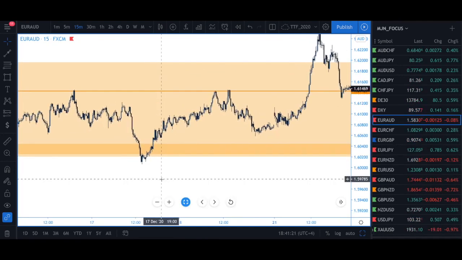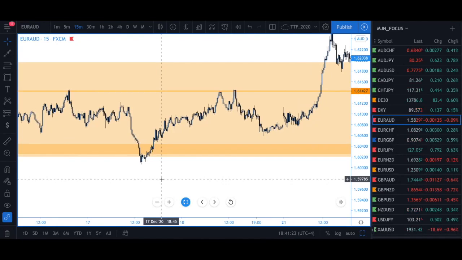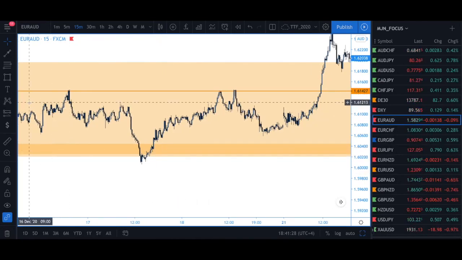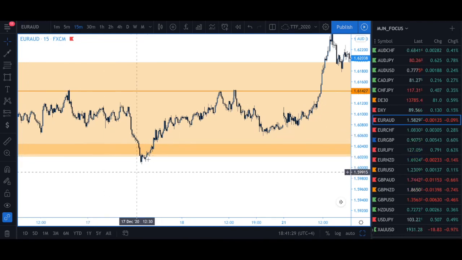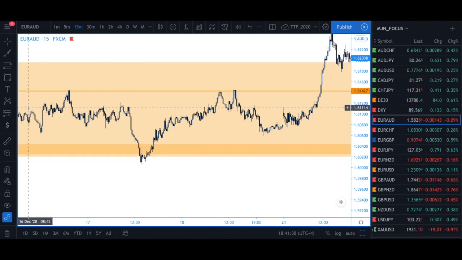Right. So a scalper in this case, what they might do is they might want to go long of this range, and what they might do is use the 15-minute time frame to identify, say, a bullish engulfing, which can signal a reversal on this market. And since it's at the bottom of this range, it would be a sensible move to take and a worthwhile kind of trade to take.